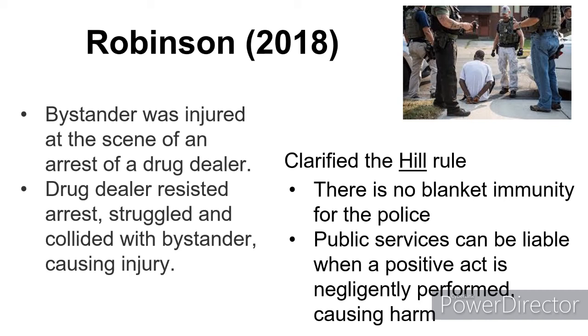In this case, the police were trying to arrest a drug dealer, and they needed to arrest him in the street during the drug deal. Unfortunately, whilst they did, a bystander got injured. A good way to explain Robinson is to use the word clarify. This case clarified the Hill rule, if you like.